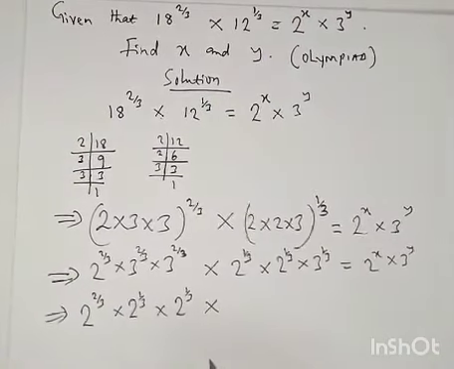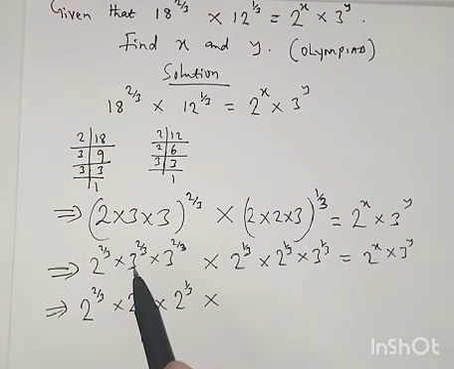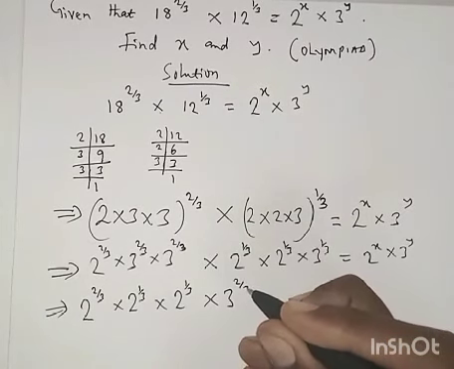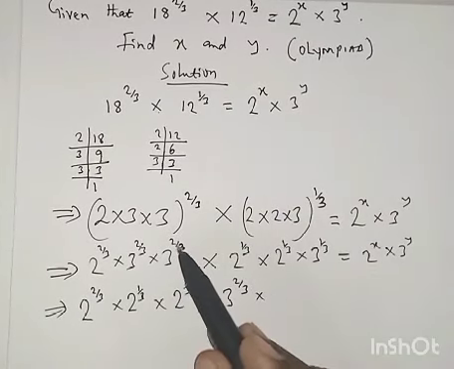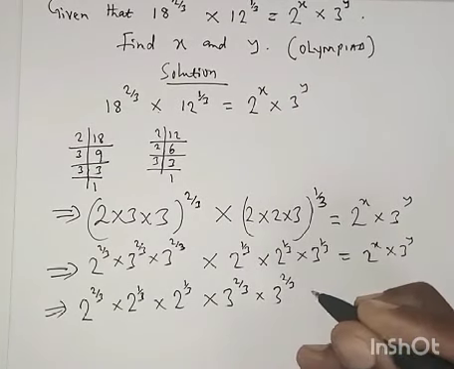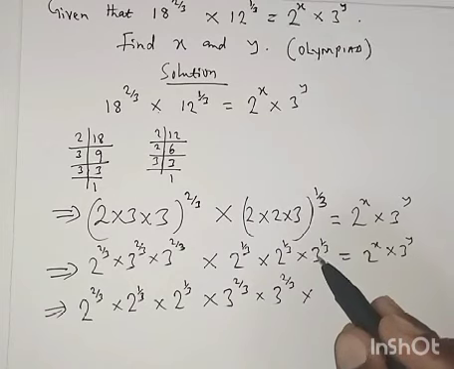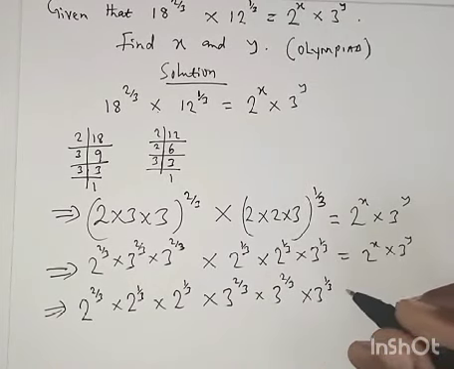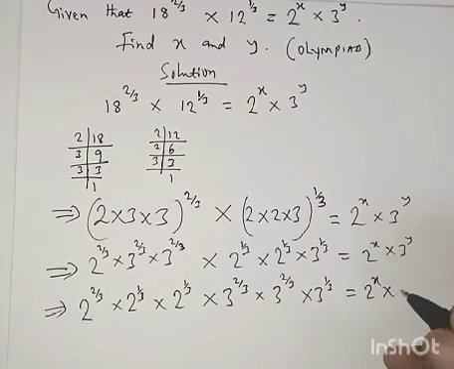So let us merge those that are having 3. Here we have 3 power 2 over 3 times again 3 power 2 over 3, then times 3 power 1 over 3. So everything equals 2 power x times 3 power y.